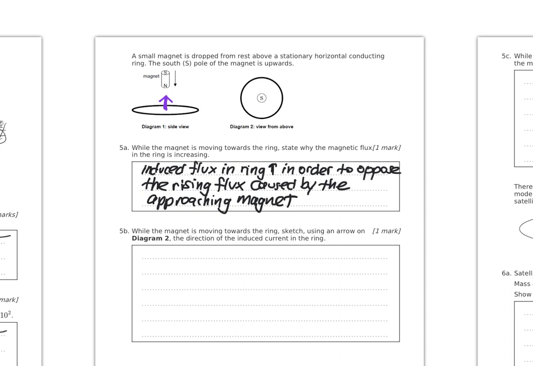So viewed from above, that would give us a counterclockwise direction. And it's counterclockwise using conventional current because of the right-hand rule for loops. Again, the thumb pointing straight up would be the direction of the magnetic field, and the curled fingers would be the direction of the current.